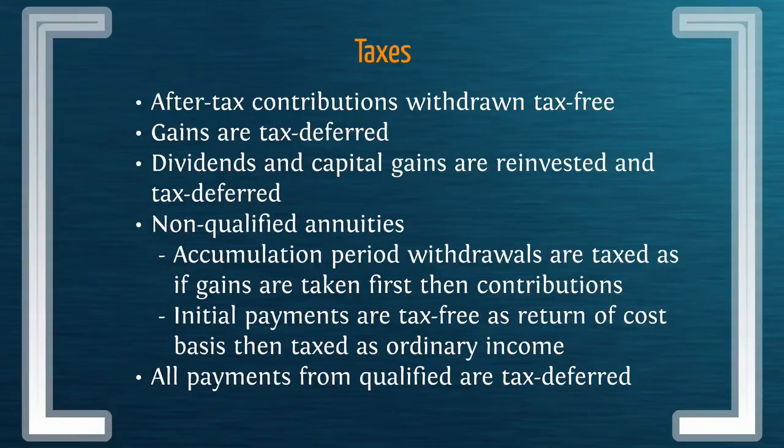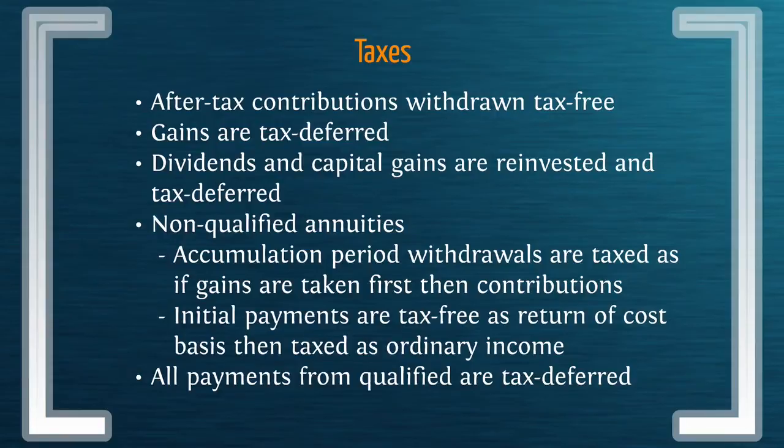We can think of annuities as having similar features. After tax contributions can be withdrawn tax free. Gains, dividends, capital gains are reinvested and are tax deferred. You don't have to worry about filing taxes on the investments every year.